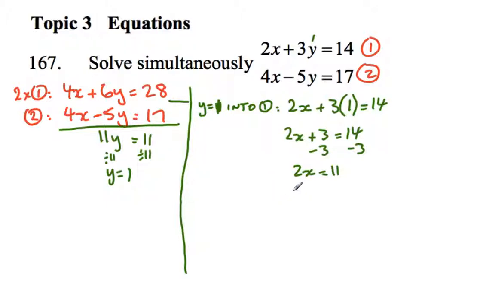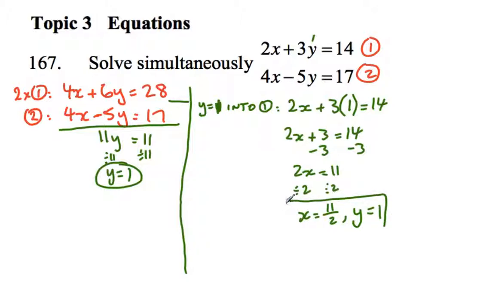And we'll divide that by 2, leaving us with x equals 11 over 2. Now when we've got our solutions here, y equals 1 and x equals 11 over 2, we'll just put them together to make a final answer.